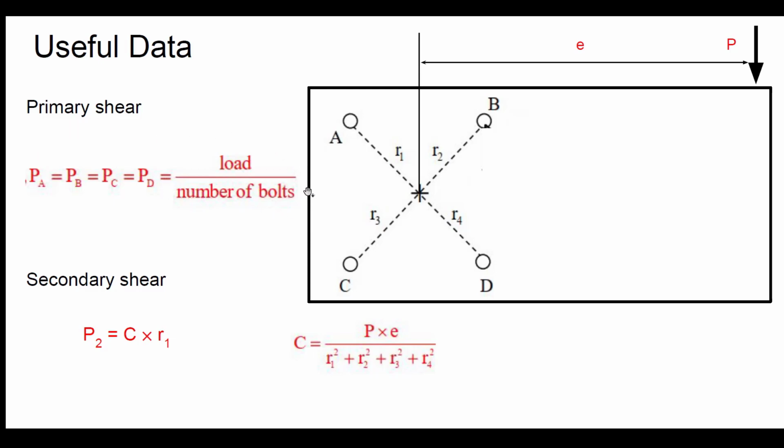One is because of this load, you're going to get primary shear, and there is a moment being developed. Because of that, you will get secondary shear. So a bolt will undergo these two forces, and it will have the resultant of these two basically. So let's see how to solve this.